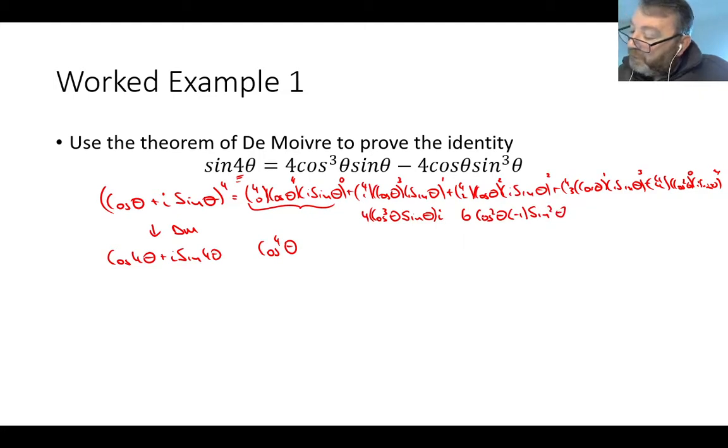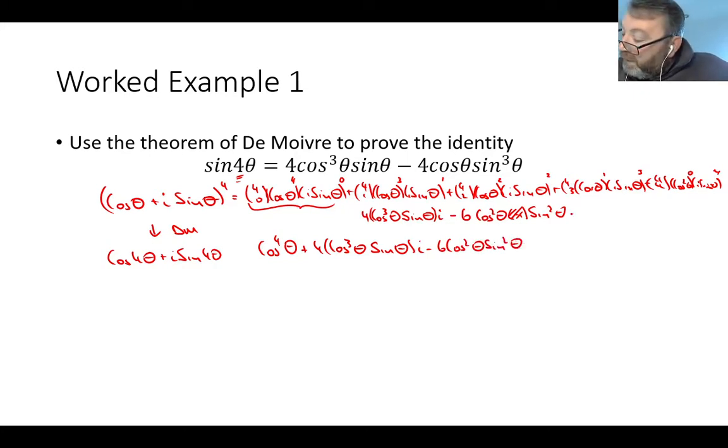Okay, so that comes out as being minus 6 times cos squared theta sine squared theta. So let's just write these down as we do them. So we get plus 4 cos cubed theta sine theta i. And then the next one, minus 6 cos squared theta sine squared theta. Next one, 4C3 is 4.